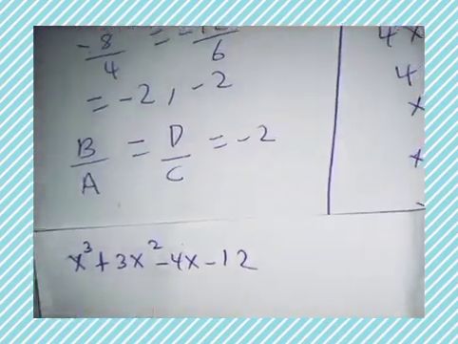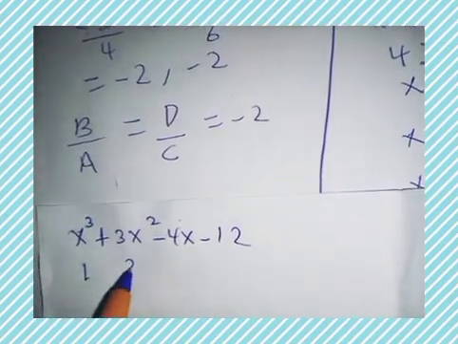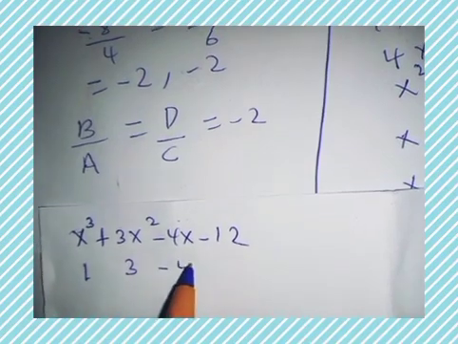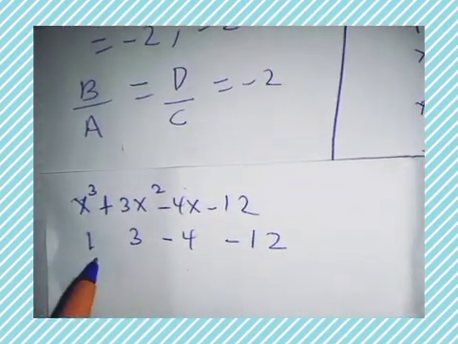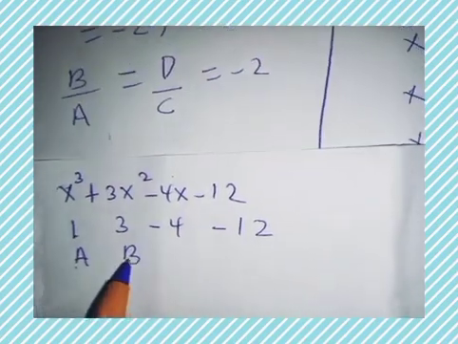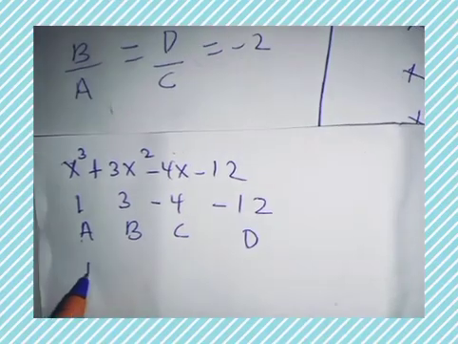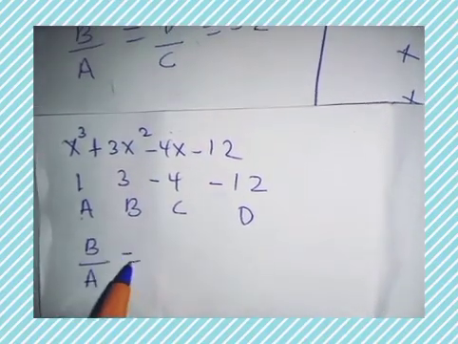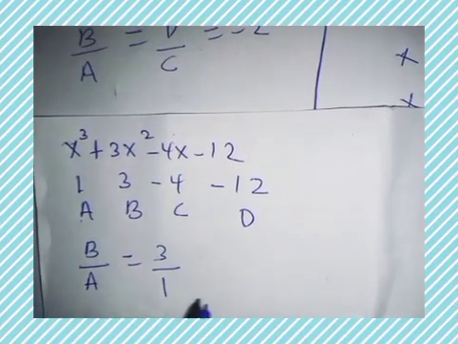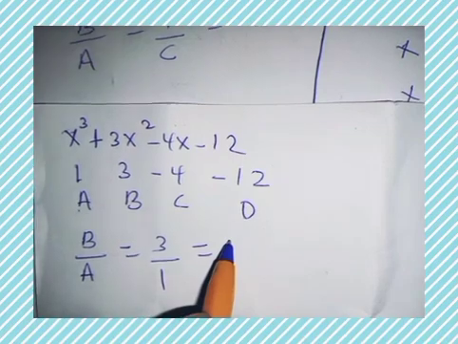Question number 3. In this case, we have 1, the constant 3, minus 4, minus 12. So this is A, B, C, D. Then you get B over A, which is equal to 3 over 1, which is equal to 3.